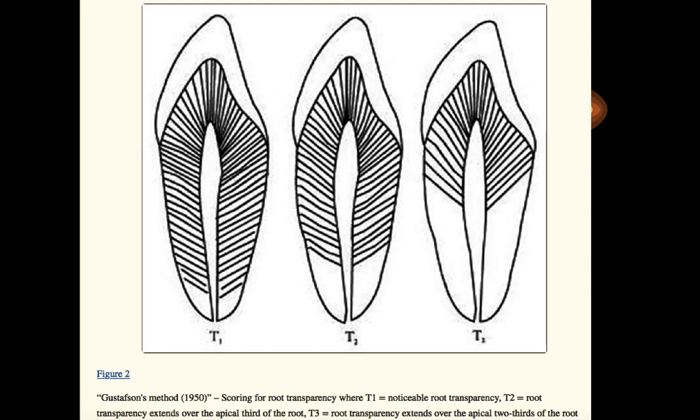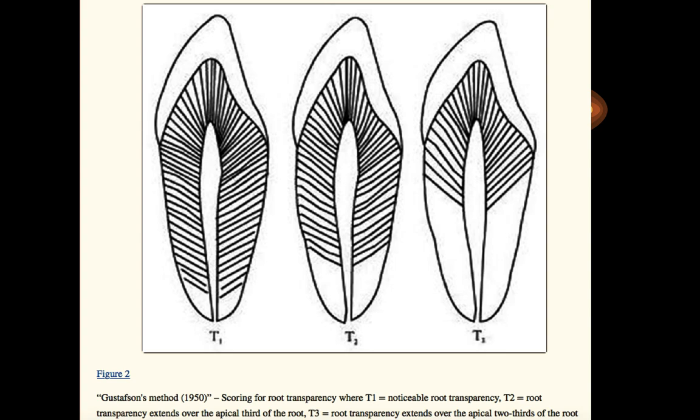So this is the picture I told you I am going to discuss. They are marked as T1, T2 and T3. Basically this diagram is showing the root transparency. You can see at the lower T1 scoring, that is noticeable root transparency. You can just see the root becoming transparent.